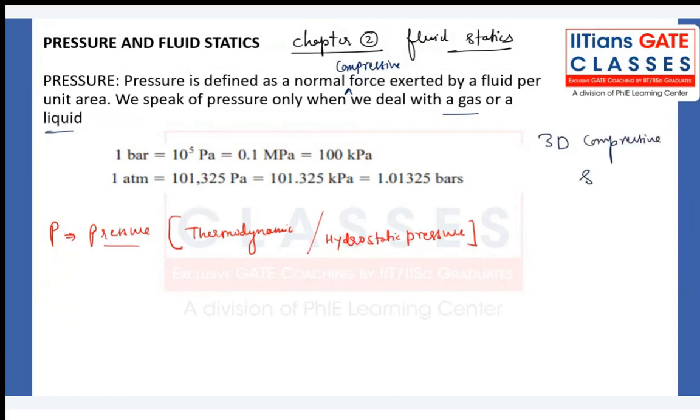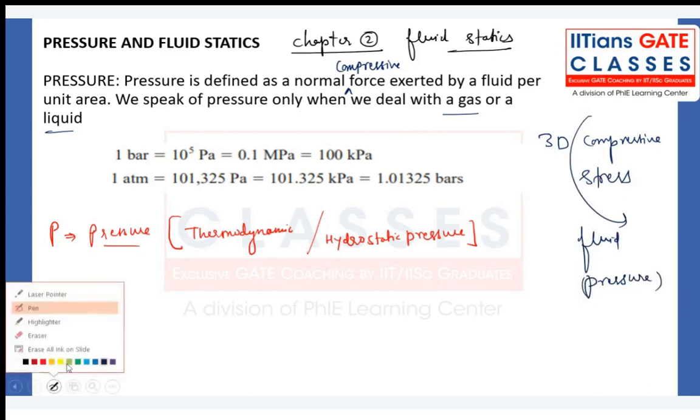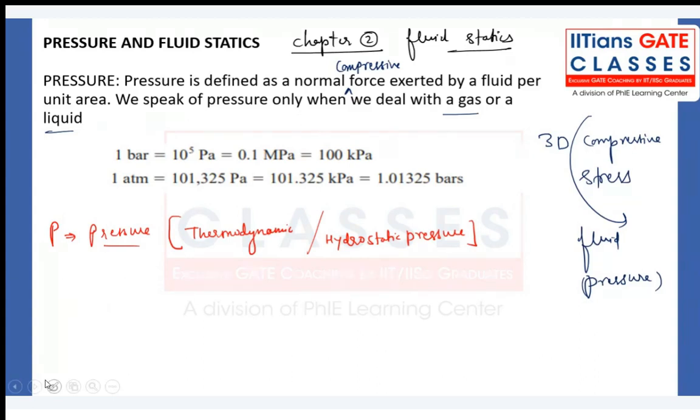In case of fluid, we call that a pressure. But there is a certain difference between the pressure and the stress. Both are not same. So make a note of it.